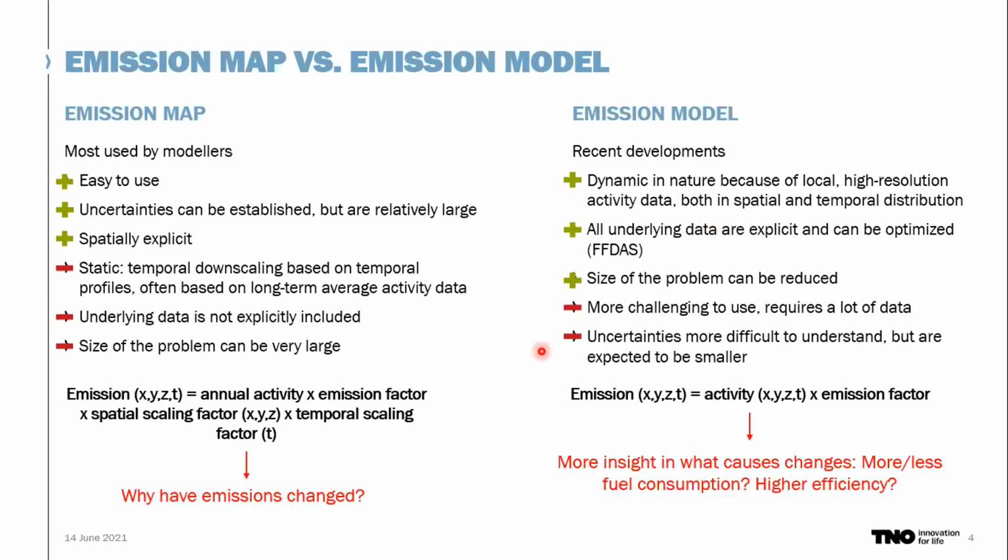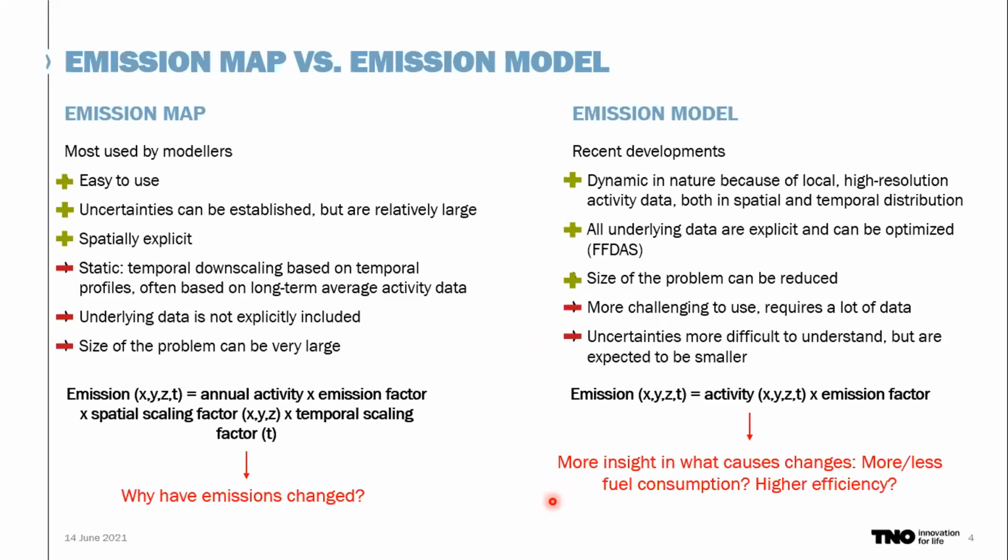However, it's also more difficult to estimate the uncertainties in an emission model, whereas fuel consumption can be directly translated to CO2 emissions. Using, for example, traffic counts, translating that to CO2 emissions is more difficult. So you add some uncertainties there. But if you can do that, it does give you a lot more insight in what causes changes in your emissions.